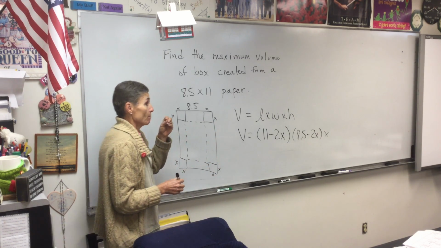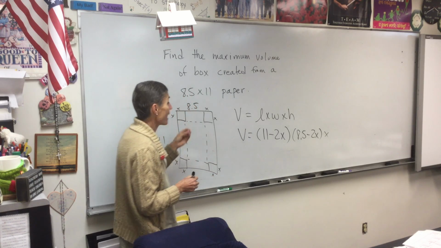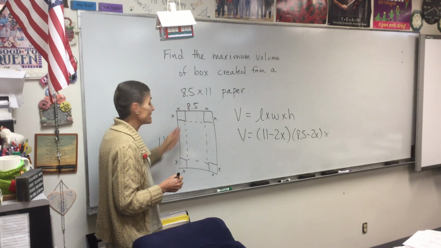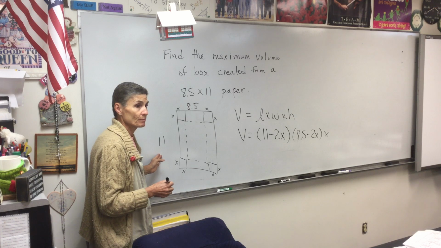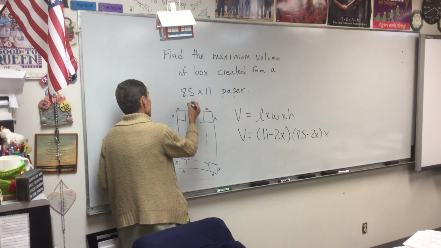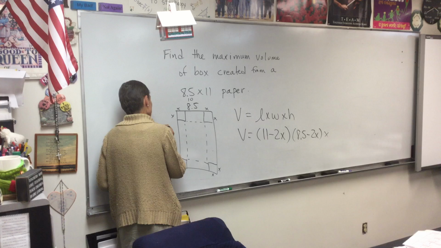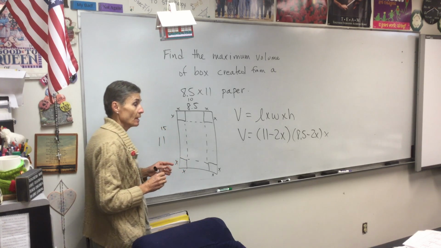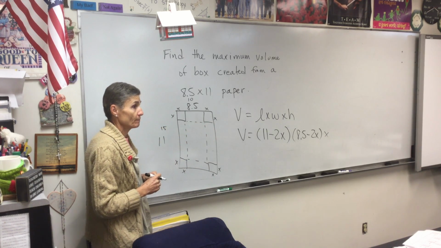Now, problem number 1 on your test is not going to be probably an 8.5 by 11 piece of paper. What if it's a 10 by 15 piece of paper? How is that going to change the equation?